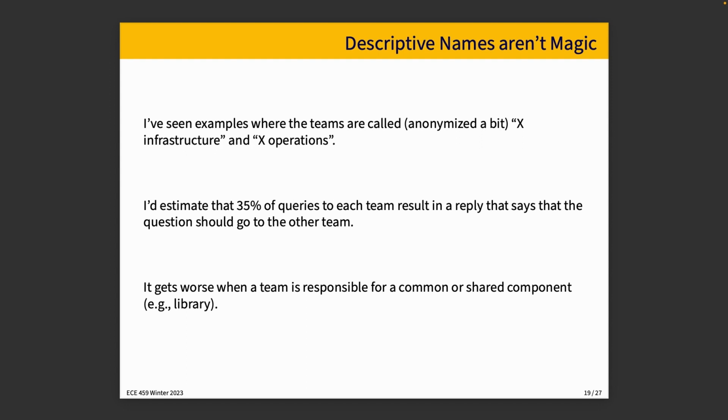They've tried as hard as possible to give a very descriptive name that you couldn't possibly confuse with something else, but it's not entirely clear to people what's the difference between the infrastructure and the operations and who's responsible for what. And the problem is not solved by having more descriptive names. It's by having some sort of infrastructure that helps you find what you're looking for, more so than any particular name.